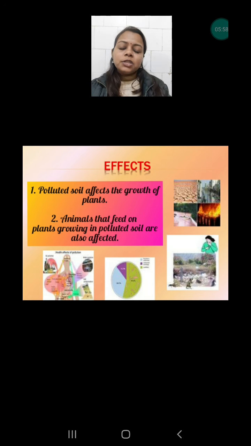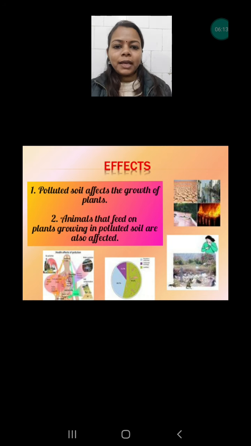And if we are consuming that, that chemical is coming into our body also, and it will definitely harm our body. So in this way, this is the effect of land pollution.